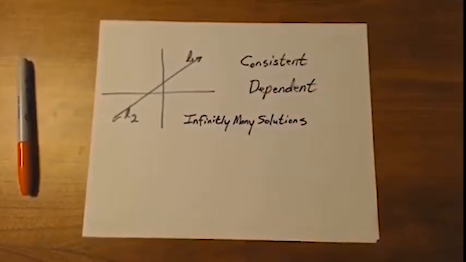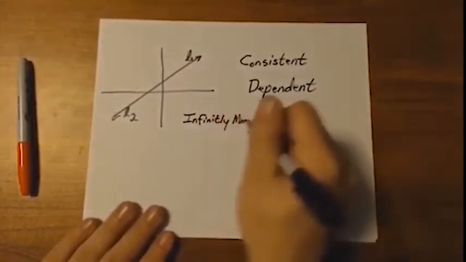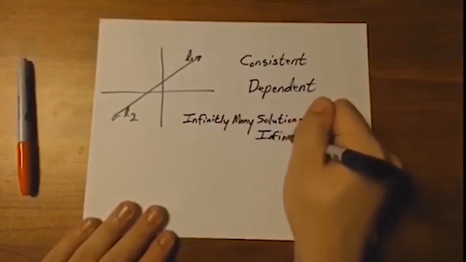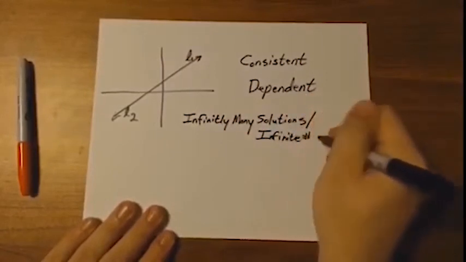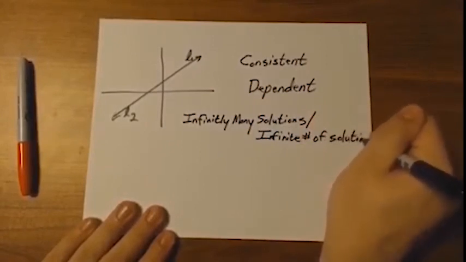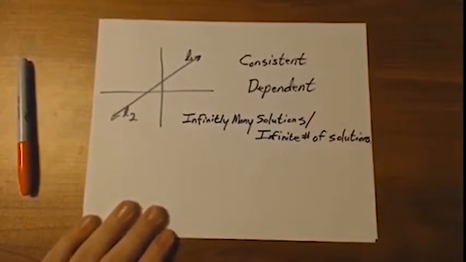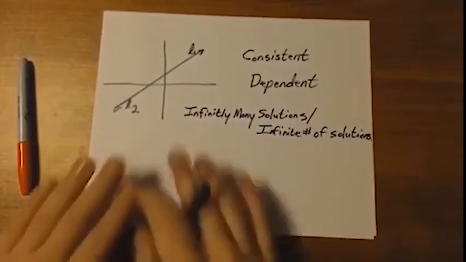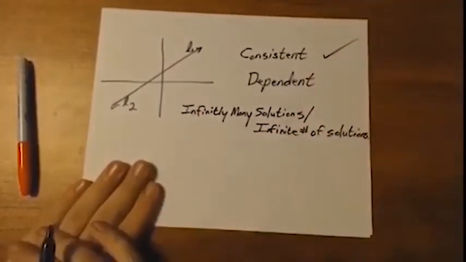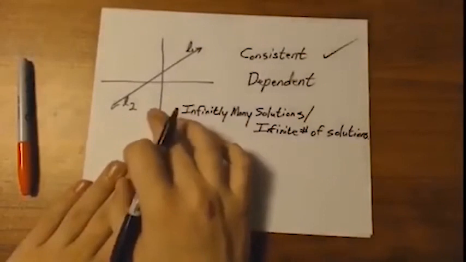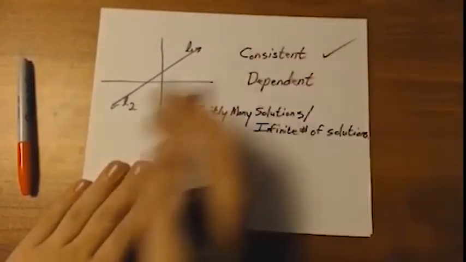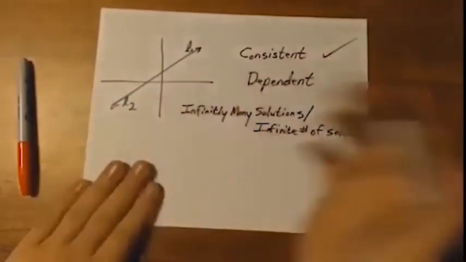I'm a math guy. You could also just say infinite number of solutions. I know there's an E on that. I don't fall into that trap. But since there is at least one solution, that makes it consistent. But since the lines are the same line, they are dependent. The equations of the lines are dependent on each other. They are the same line.